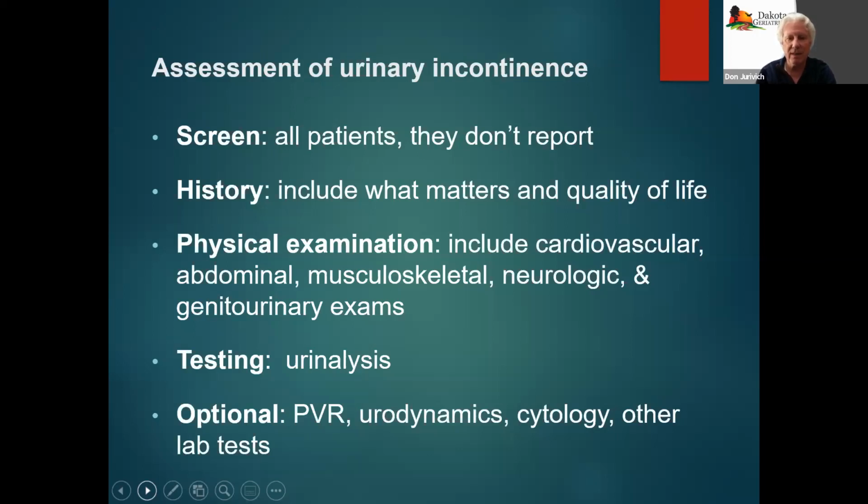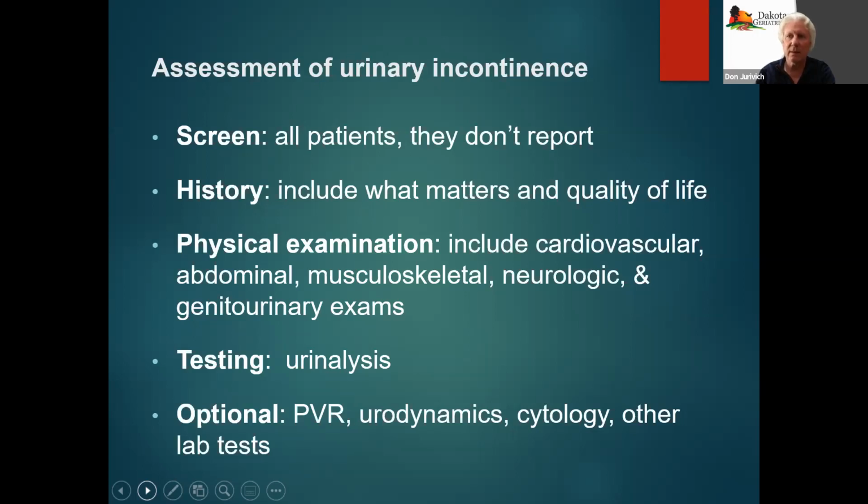In terms of the physical exam, certainly you want to look at the heart, make sure there's no overt issues of heart failure, abdominal hernias, checking for fecal content, so doing a rectal exam should be an important component of the workup for urinary incontinence. And then looking for different muscle issues, neurologic issues, and as well as doing a GU exam.